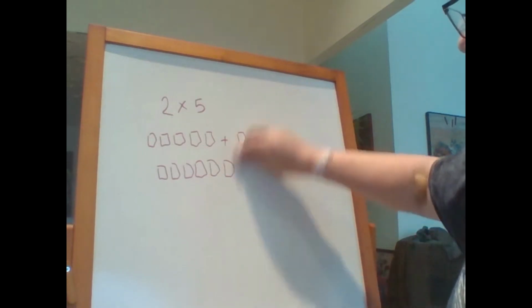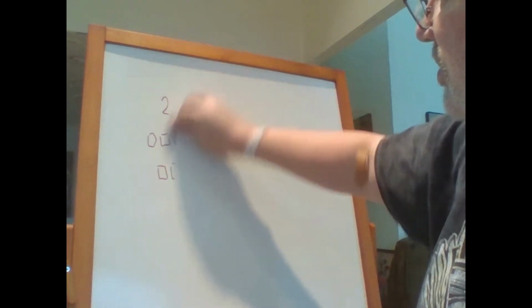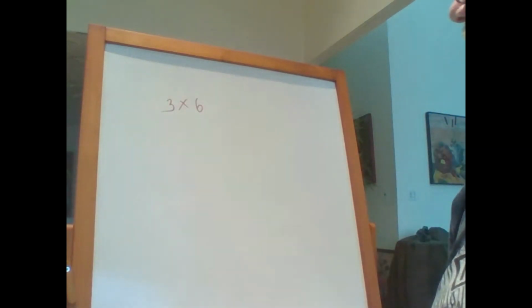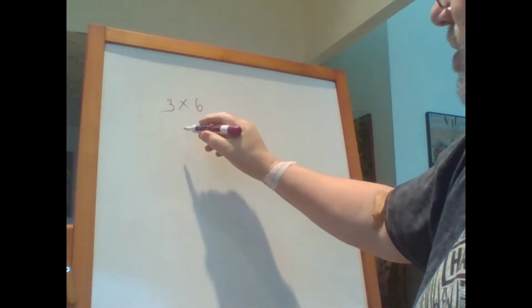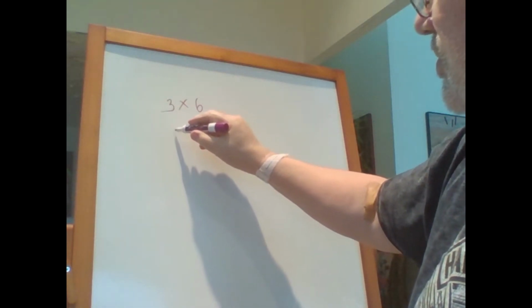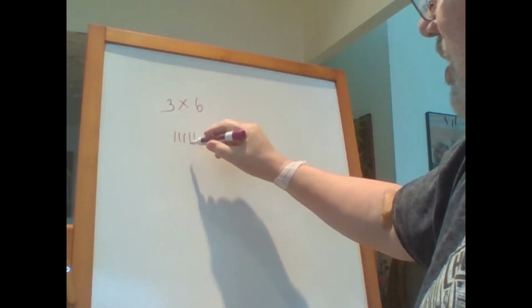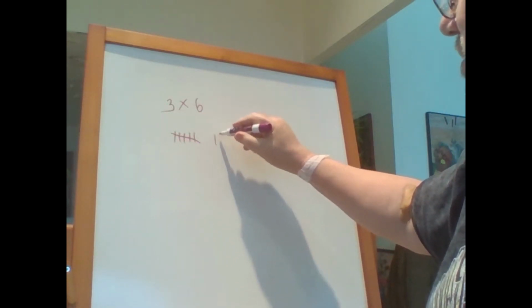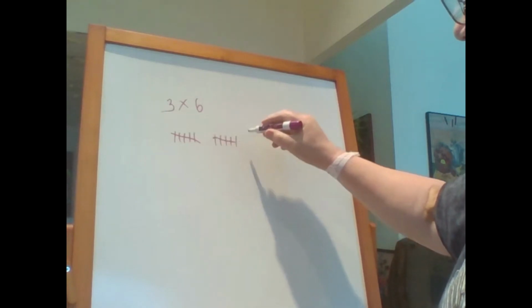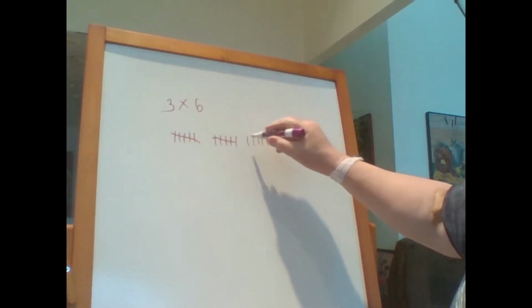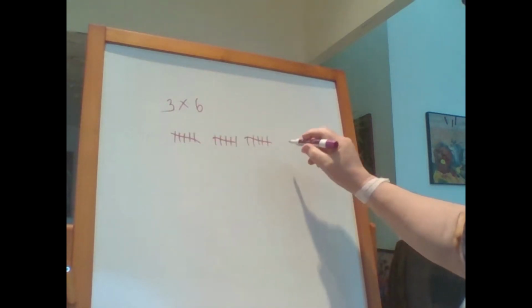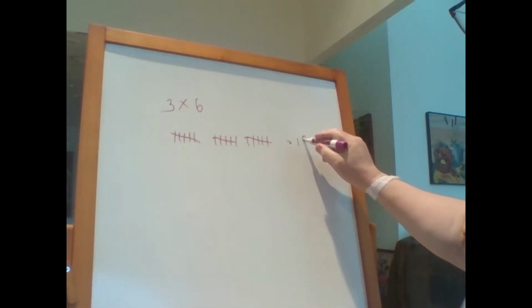It's always by groups. So 3 times 6 is 3 groups of 6. 1, 2, 3, 4, 5, 6. 1, 2, 3, 4, 5, 6. 1, 2, 3, 4, 5, 6. And if we count these, that's 18.